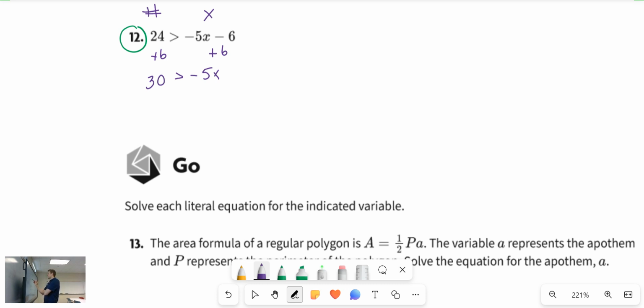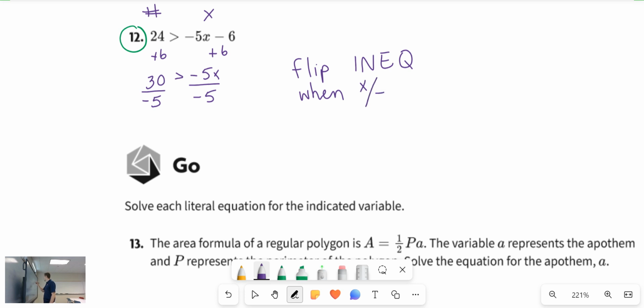Now we divide both sides by negative 5. What do we have to do when we divide both sides by negative 5? Yes, we do need to flip the inequality when we multiply or divide by a negative.